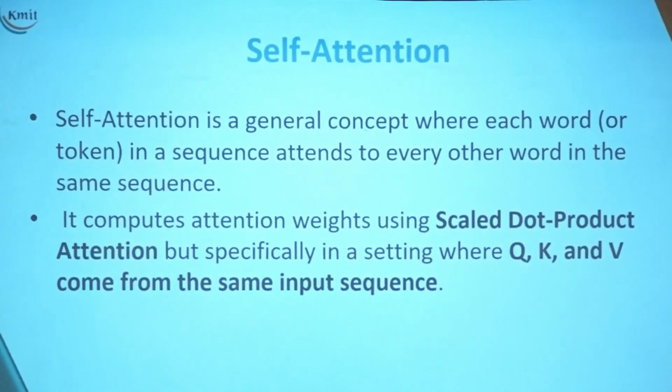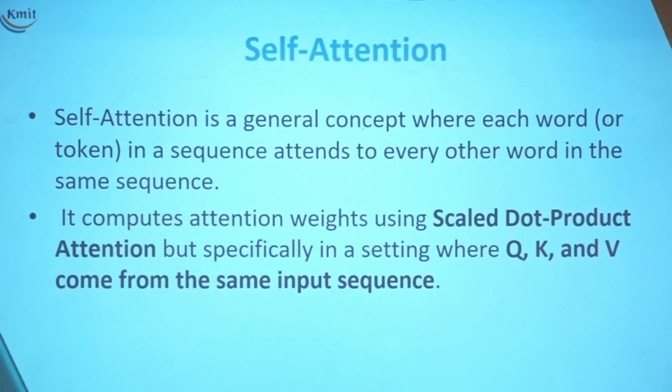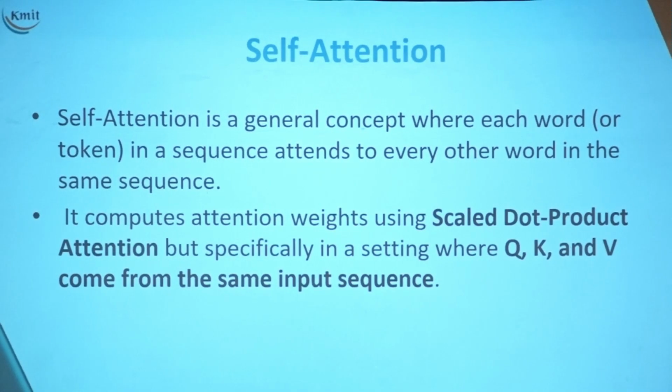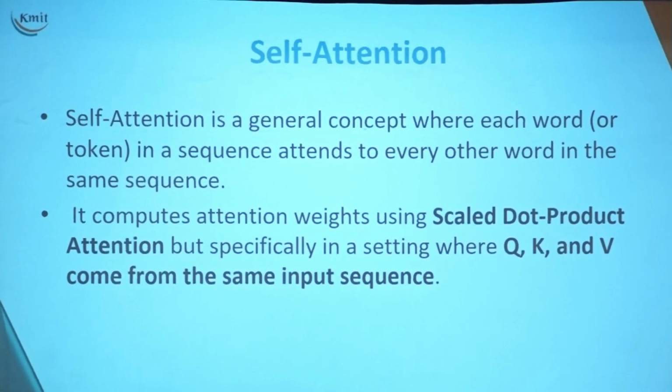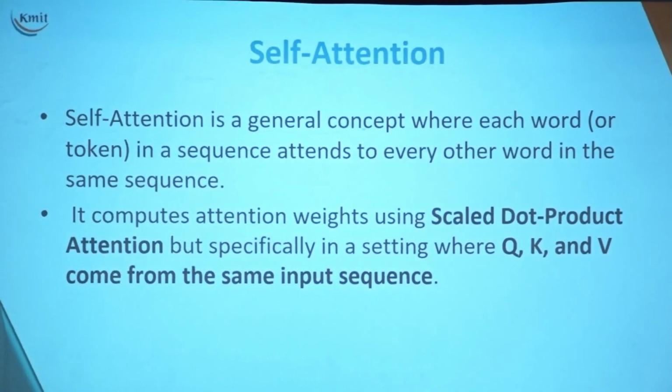Understand, self-attention is a general concept where each word or token in a sequence attends to every other word in the same sequence. It also computes attention weights using scaled dot product attention, but specifically in a setting where Q, K and V come from the same input sequence.